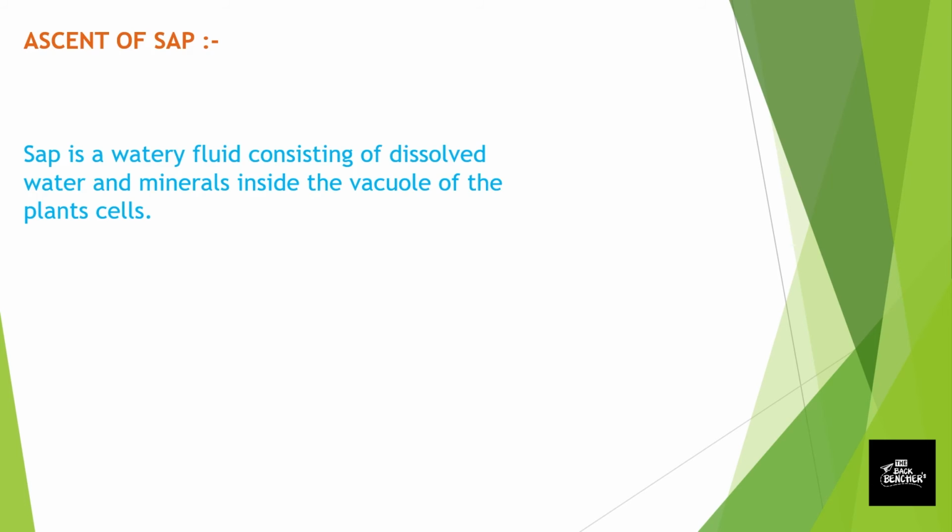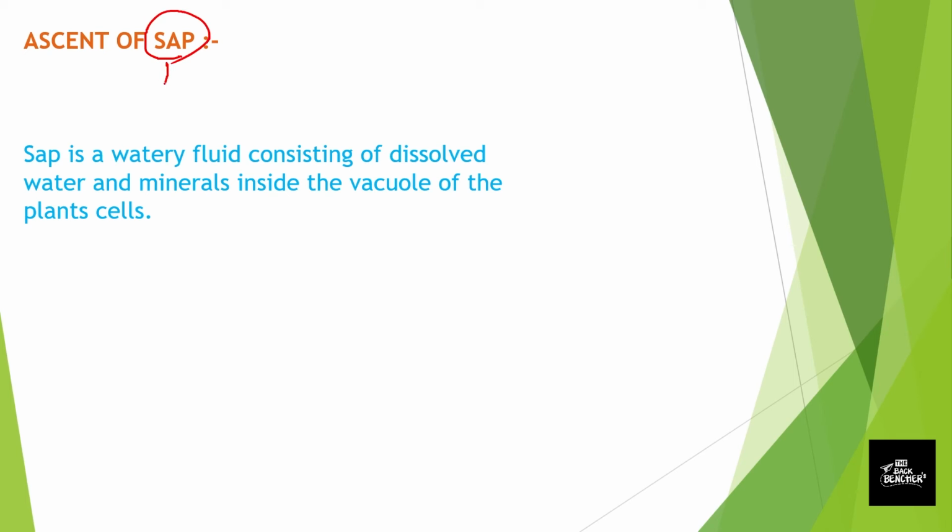Now let us move on with today's session. First, we are going to be discussing root pressure. But before understanding root pressure, we are going to be taking the help of ascent of sap, and then we are going to be understanding root pressure. So what is ascent of sap? Now you all know the meaning of the word sap. We have discussed this word plenty of times in our previous portions.